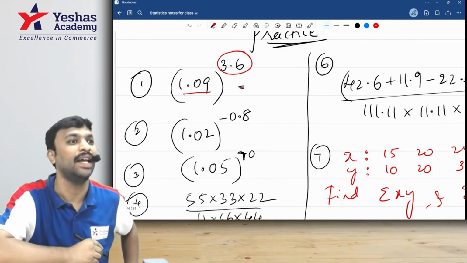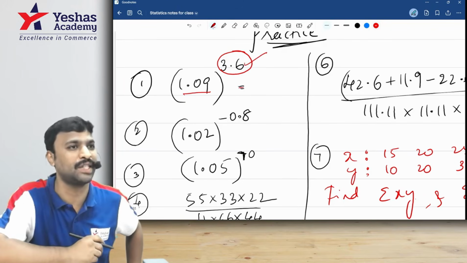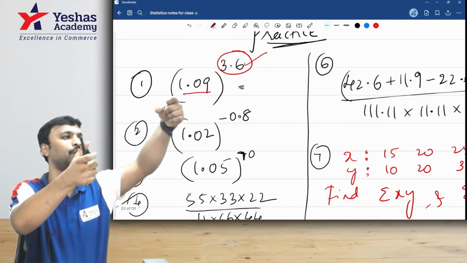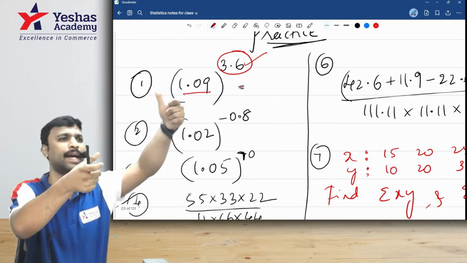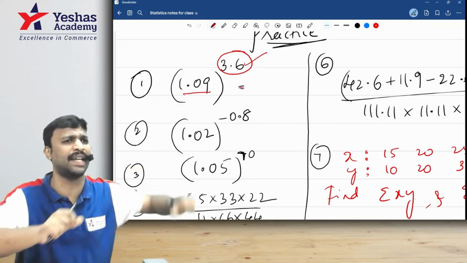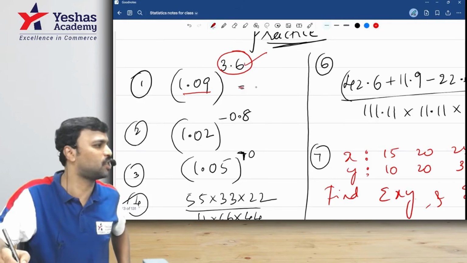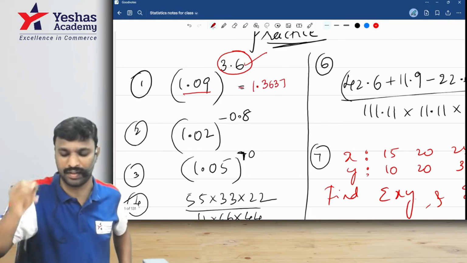Minus 1. Next, into the power. Next, plus 1. Next, into equal. Count how many times? 12 times. Quickly. How much? 1.3637.